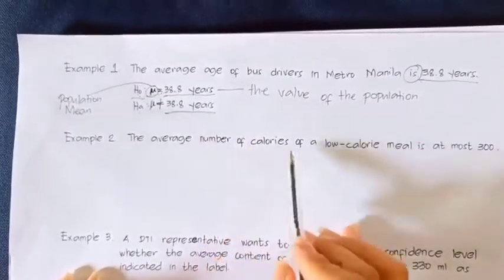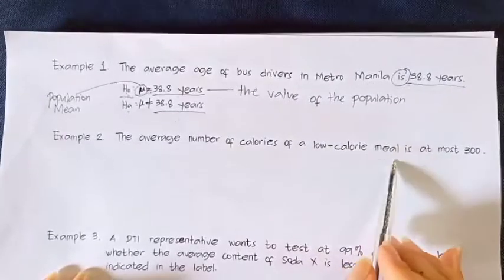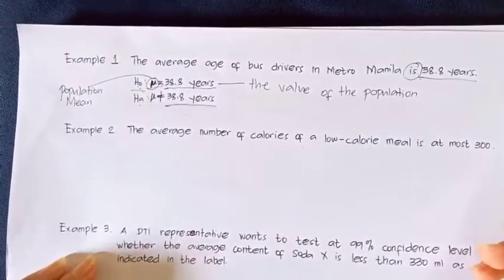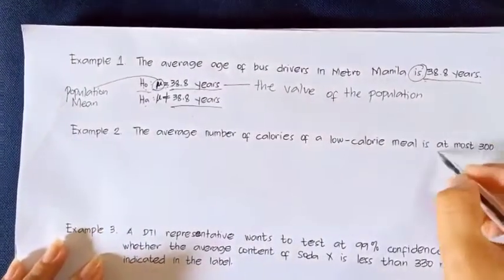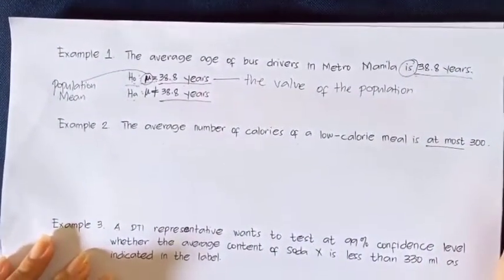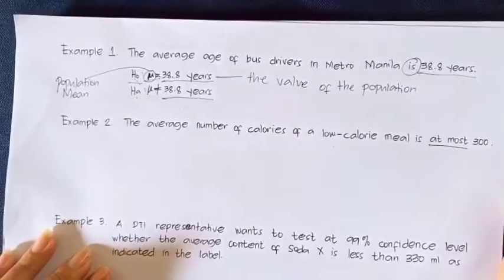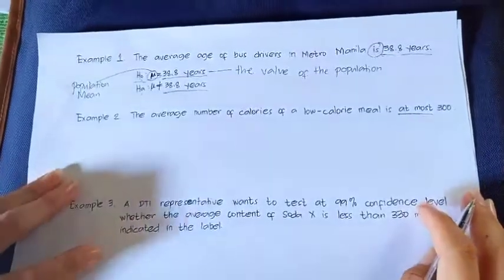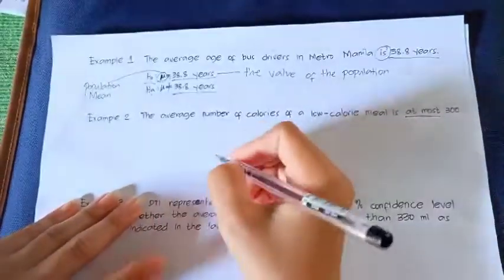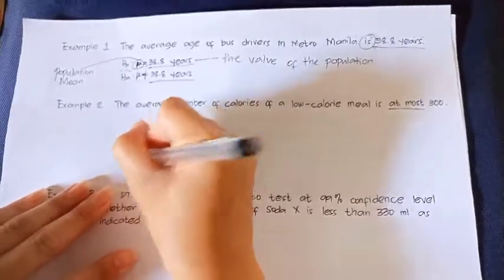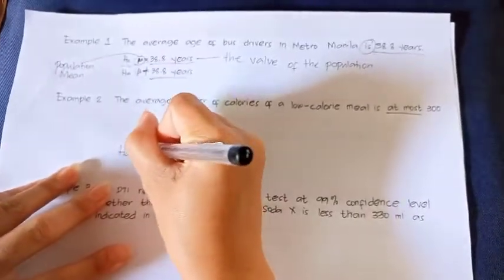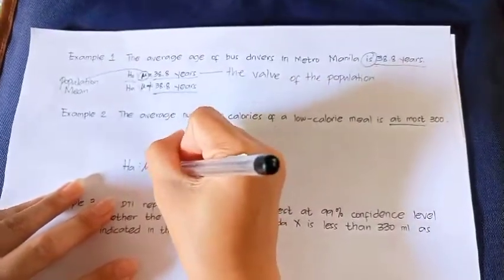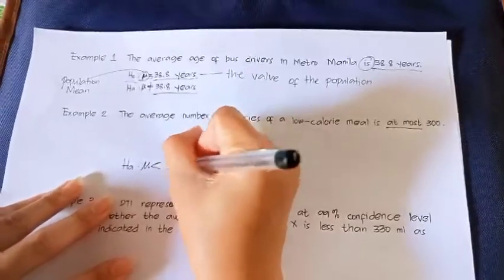The average number of calories of a low-calorie meal is at most 300. The clue here is the words at most. So the symbol that we use is less than or equal to. Then for the alternative hypothesis, the population mean is less than 300 calories.